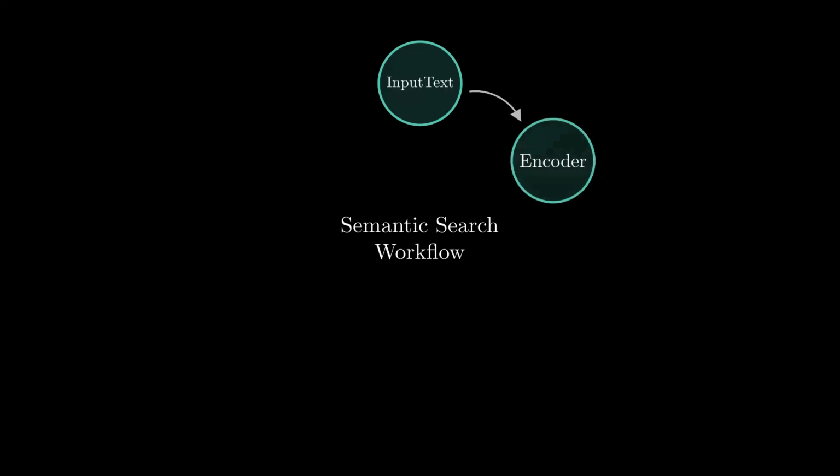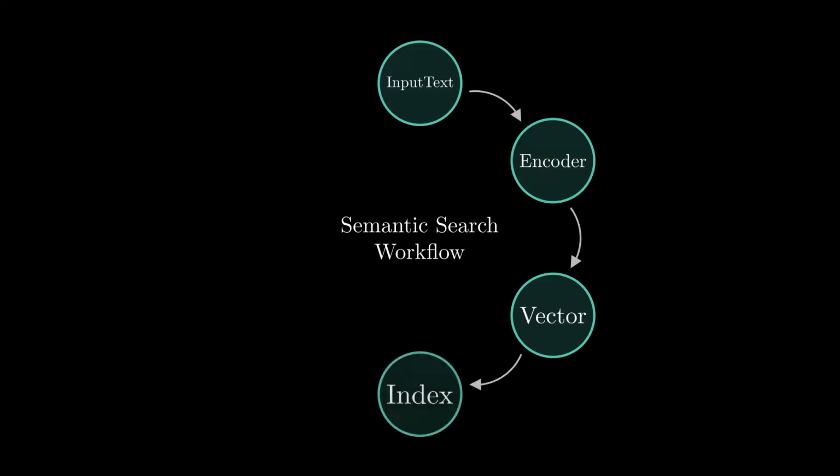To wrap up, let's consolidate everything we've learned into a single, cohesive workflow. The journey begins with your input text, the raw query or document. This raw text flows into the encoder, usually a transformer model like BERT, which acts as the brain of the operation. The encoder transforms the meaning into a mathematical vector, a multidimensional array of numbers representing semantic intent.